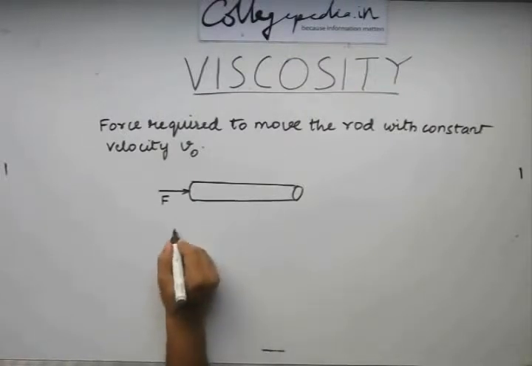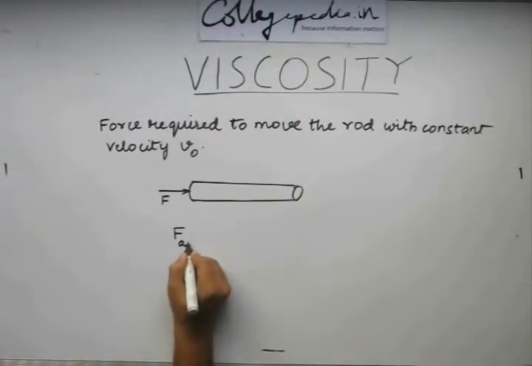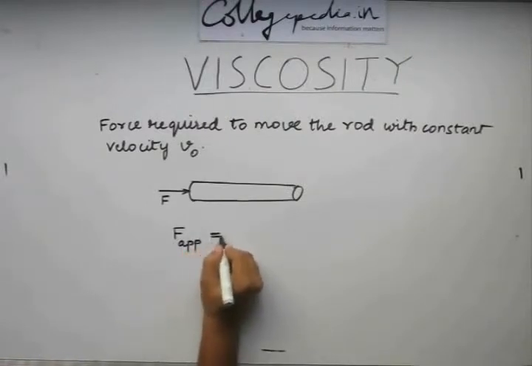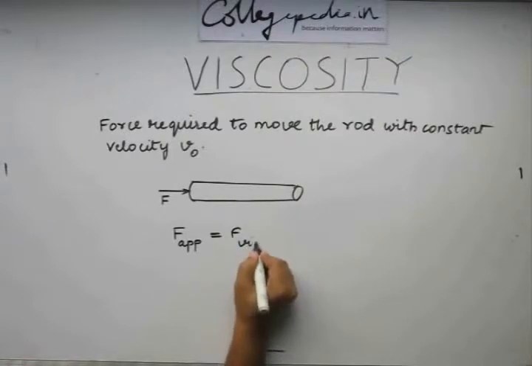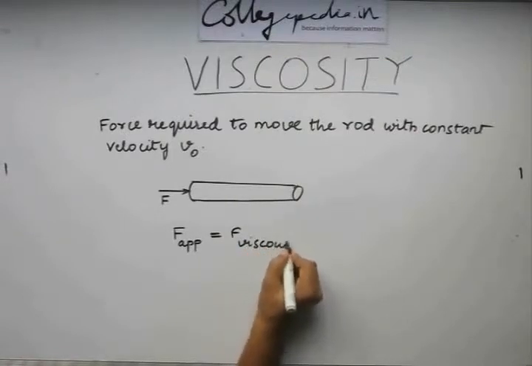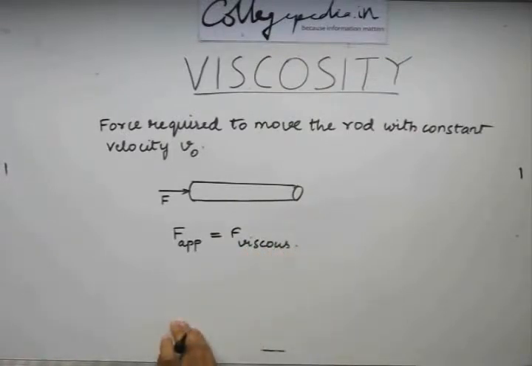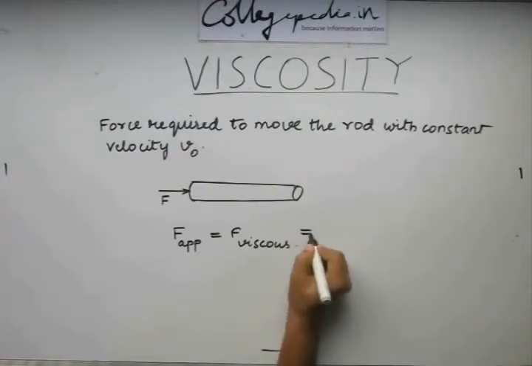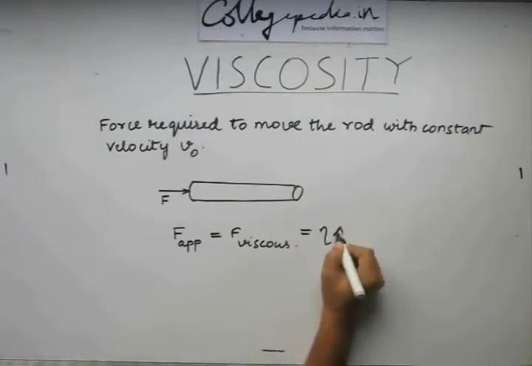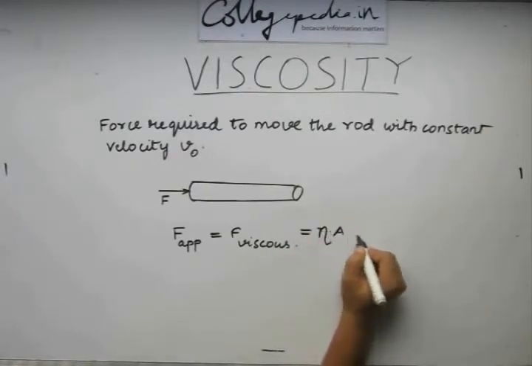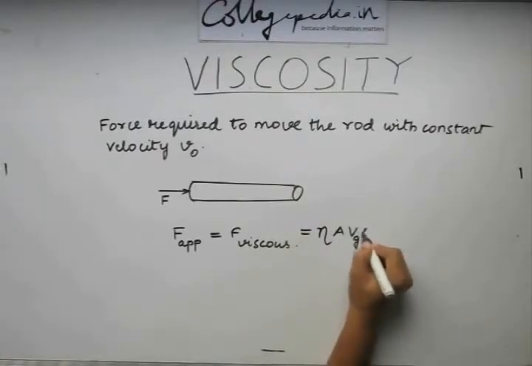So the viscous force will be equal to the applied force. This is going to be eta times area of contact or surface area times the velocity gradient at r0.